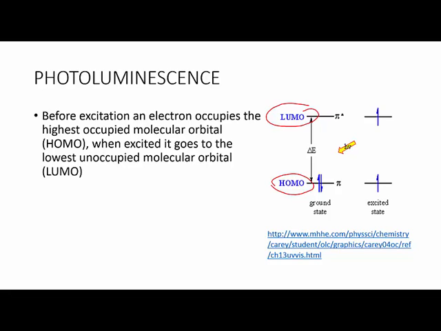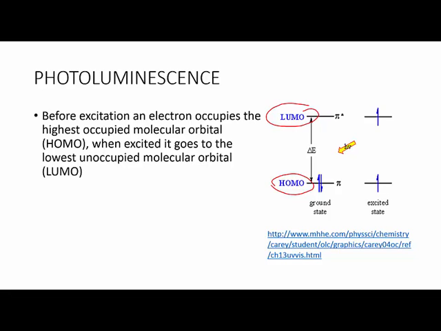So the highest occupied molecular orbital is the highest orbital that electrons are in, basically. And that's where your electron is excited from. Then, upon excitation, it occupies the lowest unoccupied molecular orbital, which is the next highest orbital in energy compared to the HOMO. And so this is where your electron is going to relax from and fall back down to your ground state and emit light.